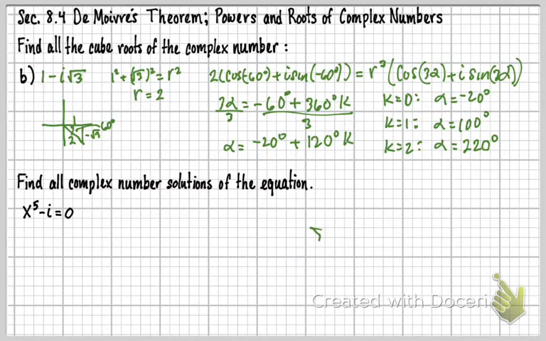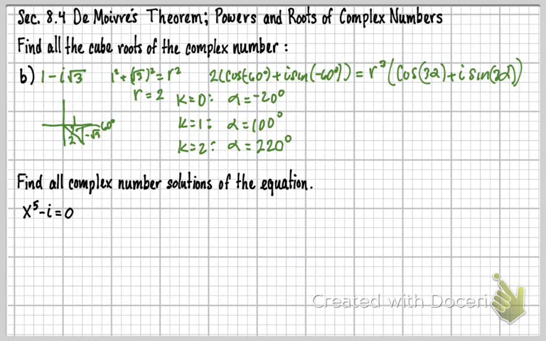All right, so here we go. My answers then are cube root of 2, cosine negative 20 degrees plus i sine negative 20 degrees.